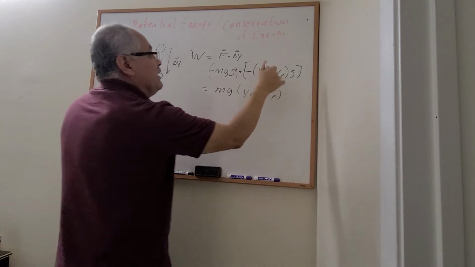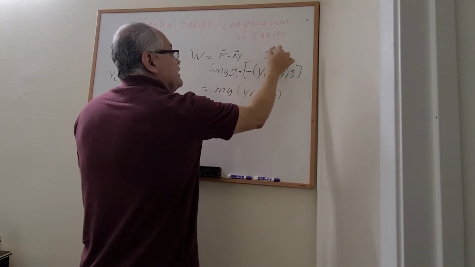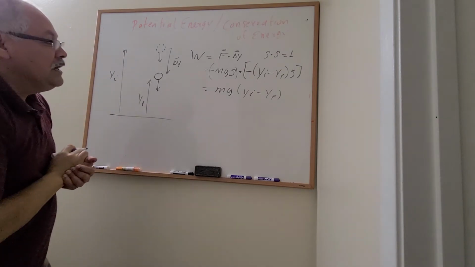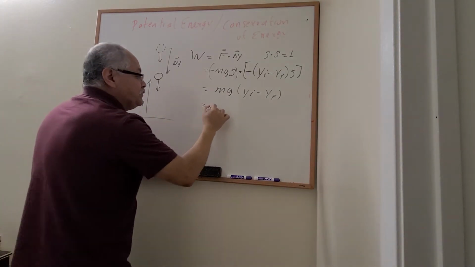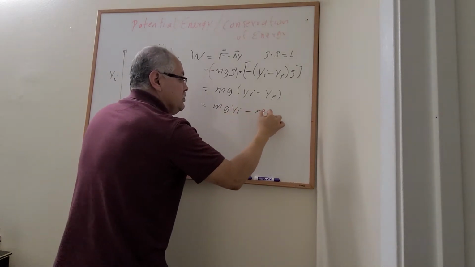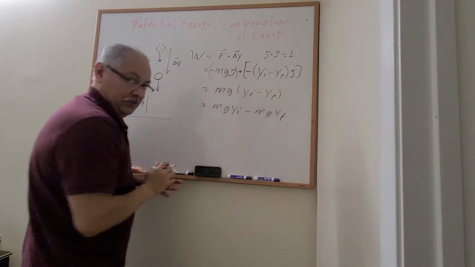Remember, we have the dot product j hat dot j hat equals 1. Great. Now this is equal to mg initial position minus mg final position.